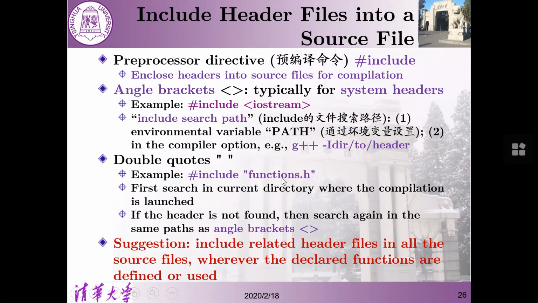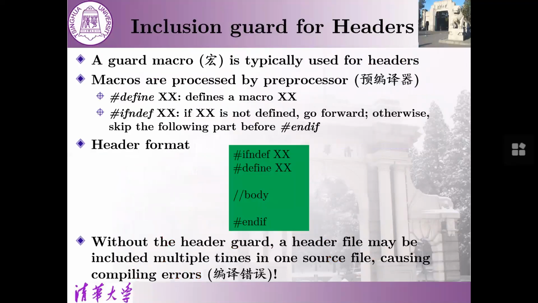Okay, so typically for system headers, we use angle brackets. For user-defined header files, we use double quotes. Okay, so these are the typical rules. And there's a suggestion: we should include related header files in all the source files where the declared functions are defined or used.